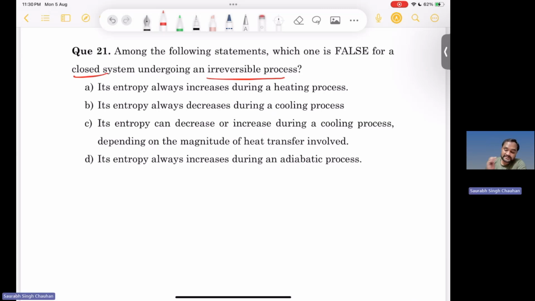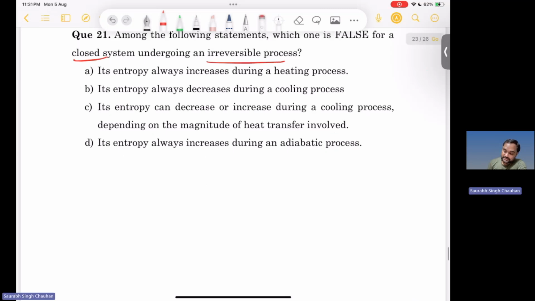Let us see all these options one by one. It is a closed system, so heat transfer can take place if it is not adiabatic. If heat is added to this closed system, then there will be some entropy transfer to the system because of the heat transfer.